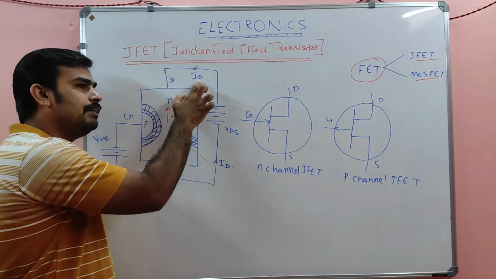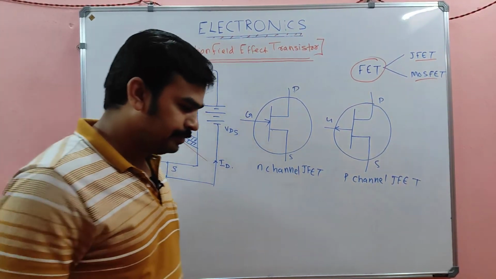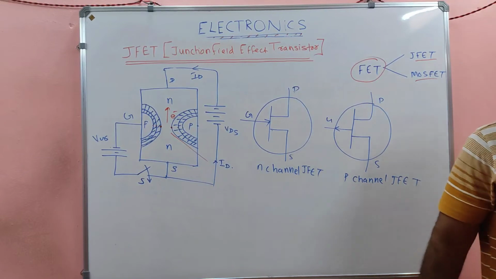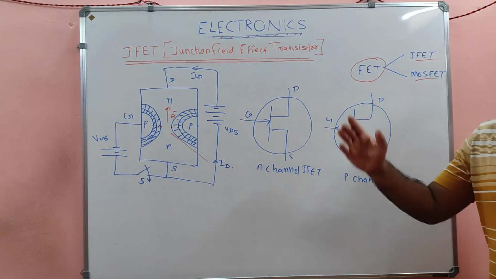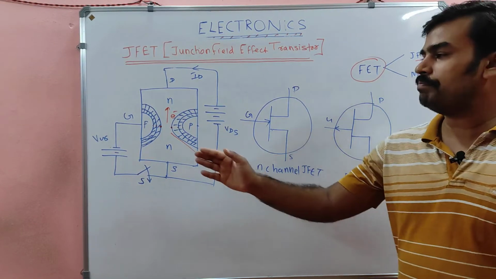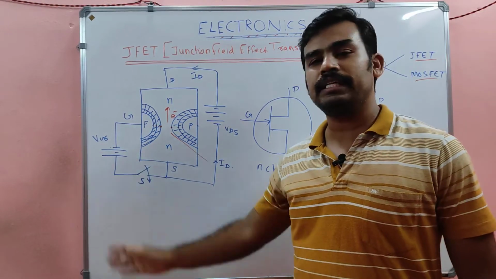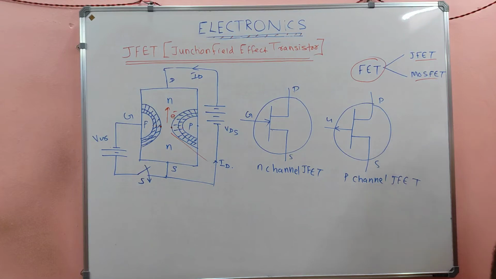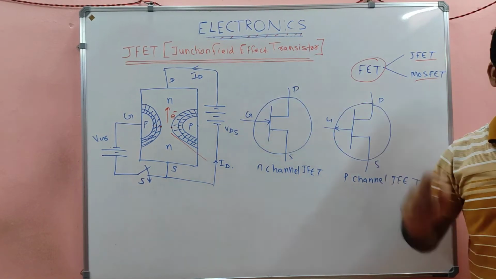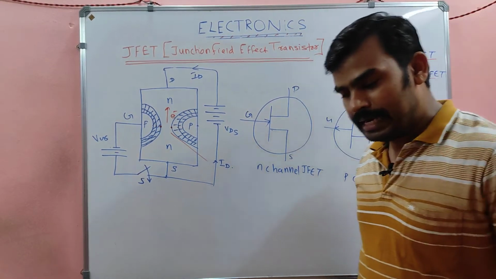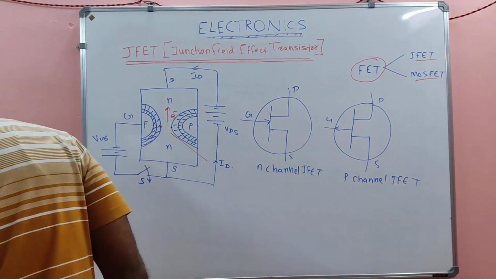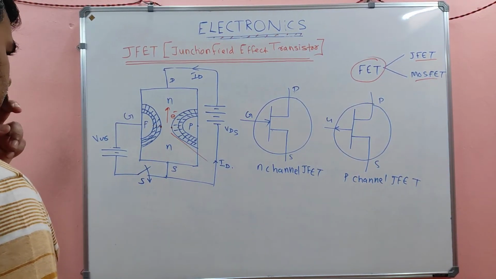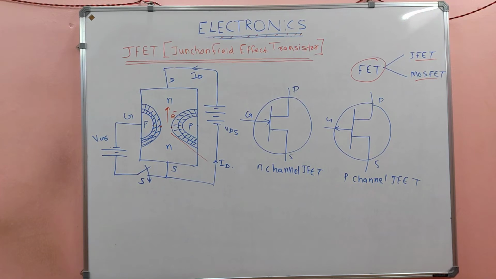The current ID will completely stop there. So simply by adjusting the depletion layer, by increasing the reverse polarity of VGS, we can control the current ID. That's why it is called the junction field effect transistor.